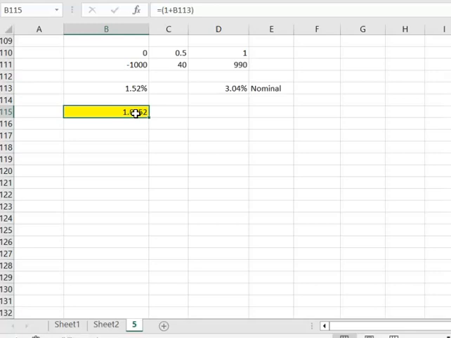So you see, the reality is different. To put it into words better, one bond is giving you interest every 6 months, in comparison to a bond that gives you interest after 1 year. And they both say their annual interest rate is 3.04.